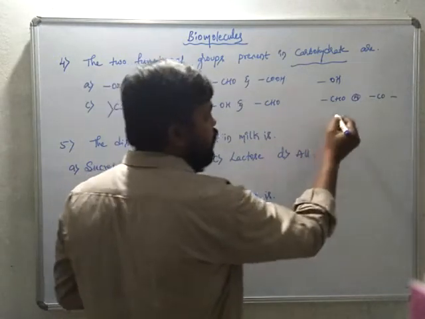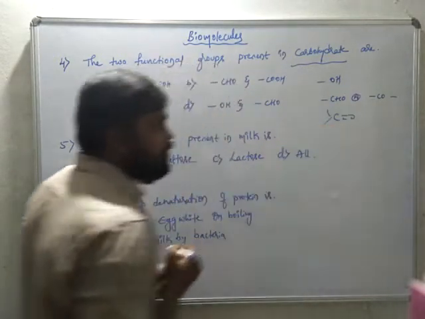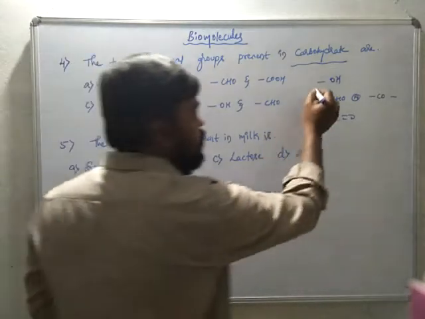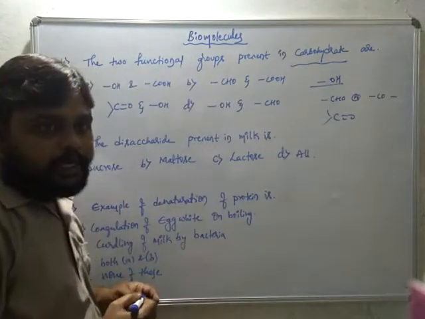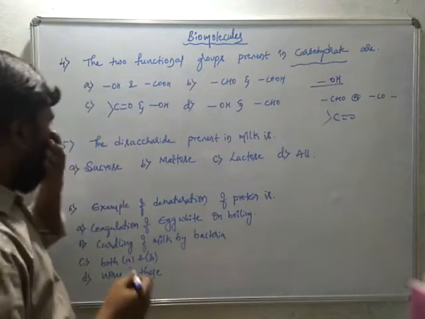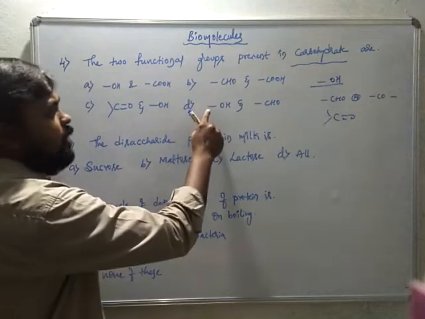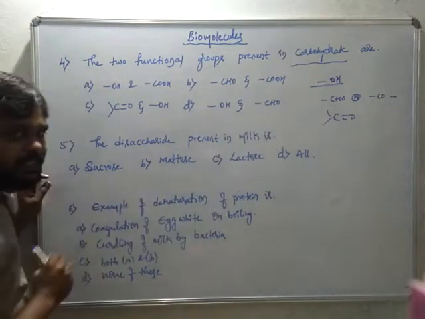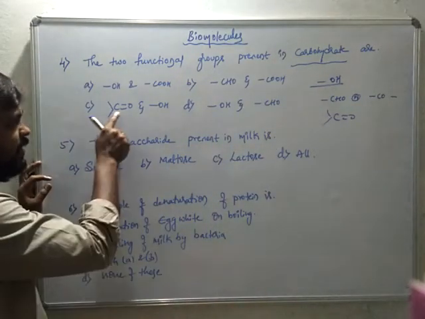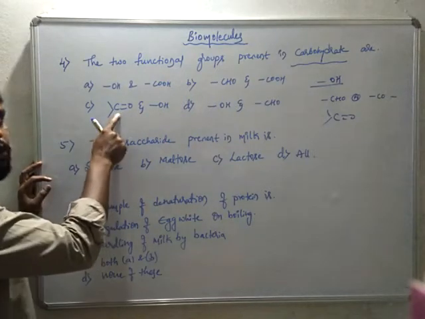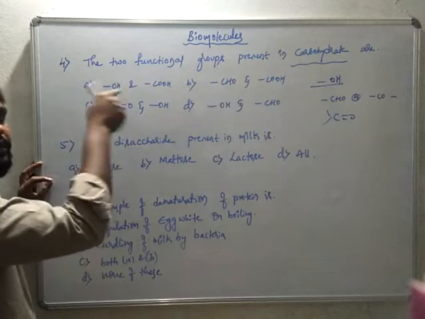So a carbonyl carbon is compulsorily present in carbohydrates, and the OH group is also present. Many students choose option D, OH and CHO, but this is not the right answer. C=O and OH is the right answer, because if you write C=O, it may be either an aldehyde or a ketone.